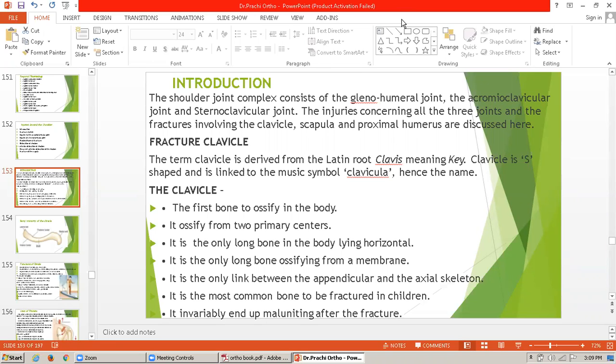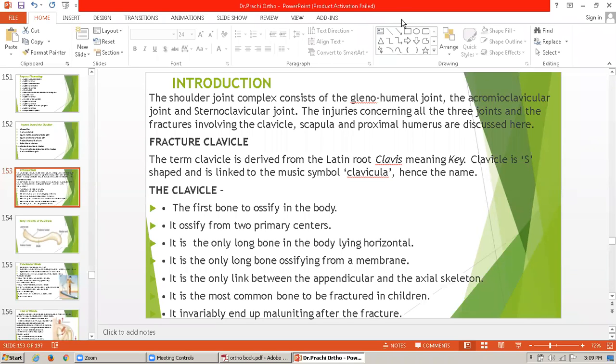Hence the name, clavicle. The clavicle is the first bone to ossify in the body. It ossifies from two primary centers. It is the only long bone in the body which lies horizontal.